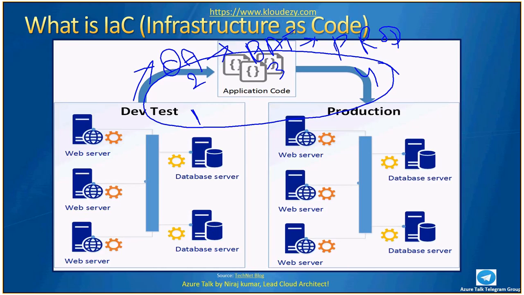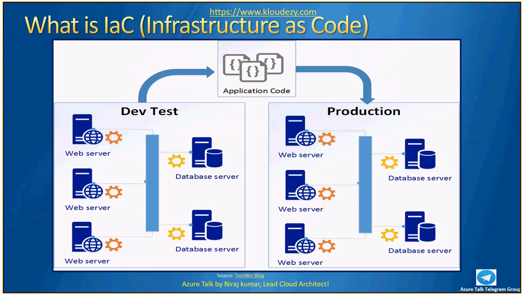But this requires manual intervention, whereas if you use infrastructure as code, you can define your infrastructure for these environments in a specific declarative template, which is a JSON template. And from there on, you can just take it and deploy it in your Azure subscription or any cloud for that matter. So the key in the picture that I wanted to depict here is you need to identify your deployment pattern and your architecture pattern.